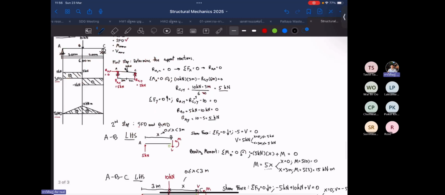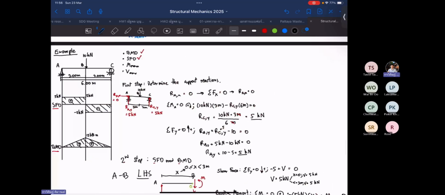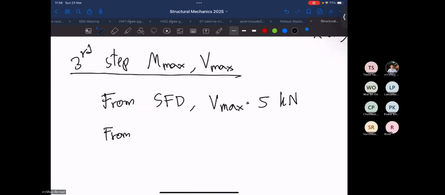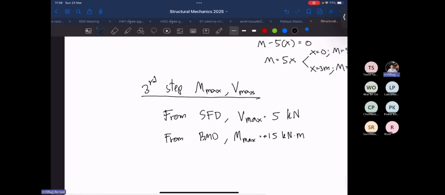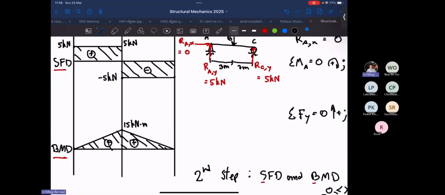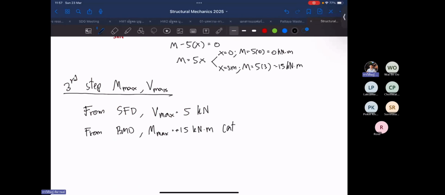Maximum one is 5 according to this graph, either positive or negative. And next one is the bending moment diagram. Moment max equal to positive 15 kilonewton meter, because from this one it is maximum at the middle of the beam.